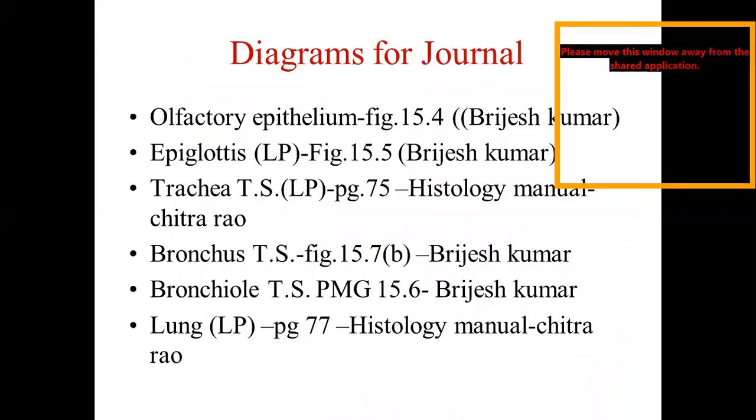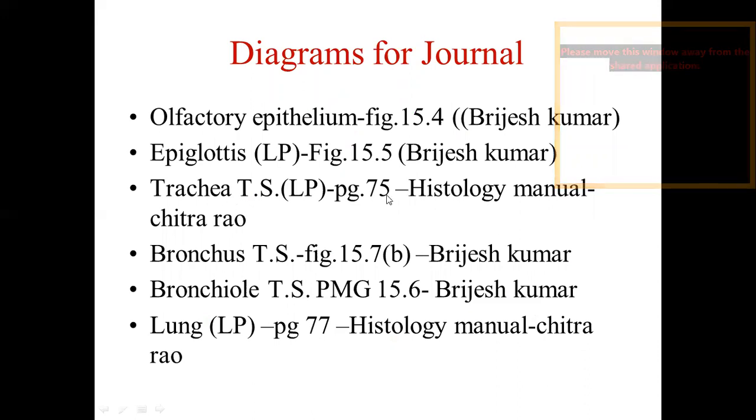Complete your journals, complete your textbooks with the questions, because we will have a small exam after you come here, which is probably maybe next month. The diagrams for your journal are: olfactory epithelium diagram is figure 15.4, Brijesh Kumar book. Epiglottis, figure 15.5, Brijesh Kumar book.